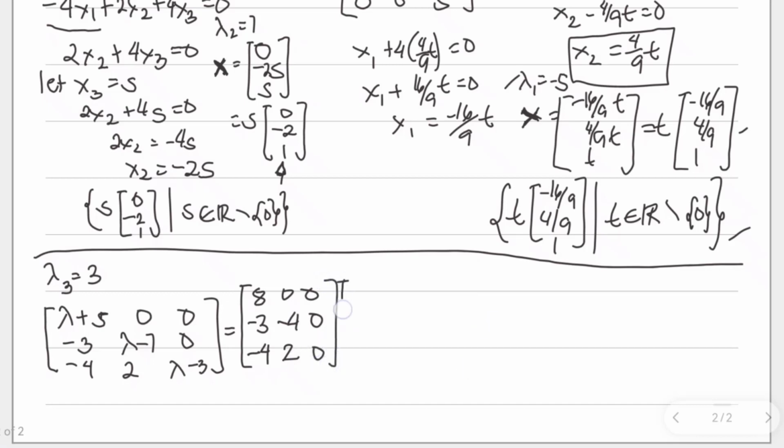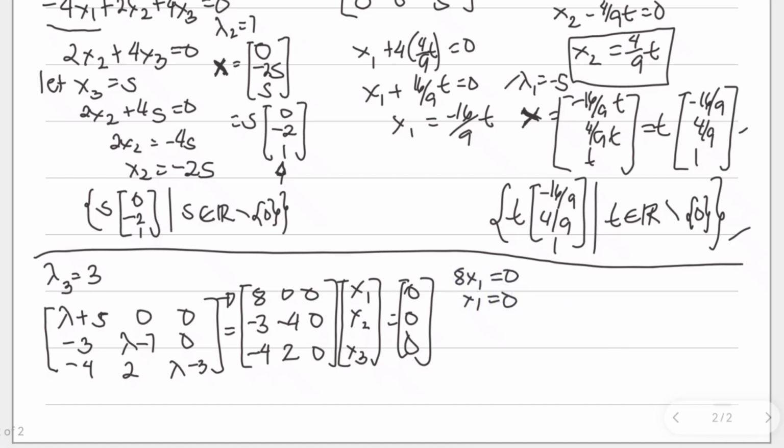So if you multiply this with x sub 1, x sub 2, and x sub 3, and equate this to 0, 0, 0, same thing as earlier. Multiplying this first row, you will have 8 x sub 1 equal to 0, which means your x sub 1 is just equal to 0.